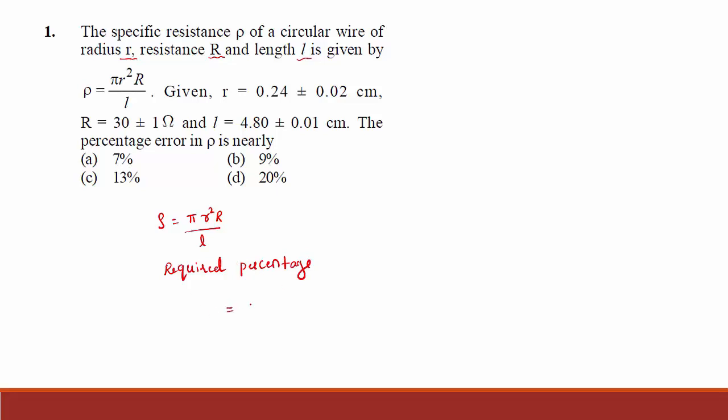Observe here: pi is constant, leave it. Small r is radius, and r square means 2 times the radius. Radius is given as 0.24 plus or minus 0.02 centimeter.